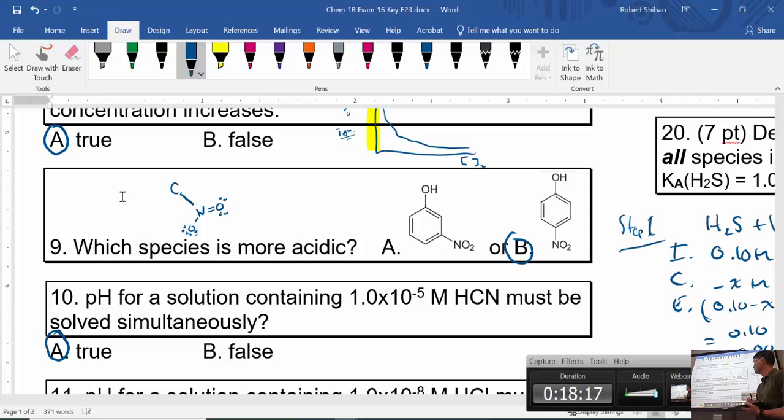What are the formal charges here in the nitro group? Formal charges should be very easy. Give me the formal charge on nitrogen: +1. And the formal charge on this oxygen? -1. And then we have a resonance form for this. Would you consider the nitro group to be an electron pusher or an electron withdrawer?